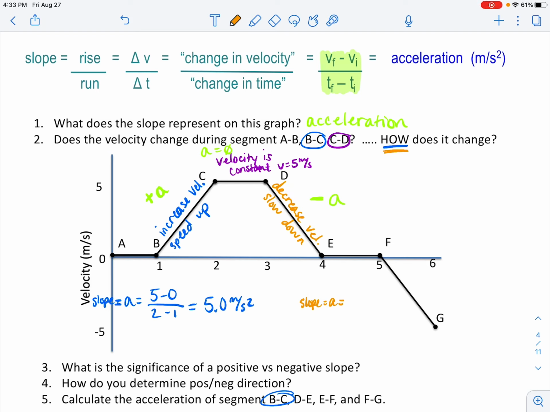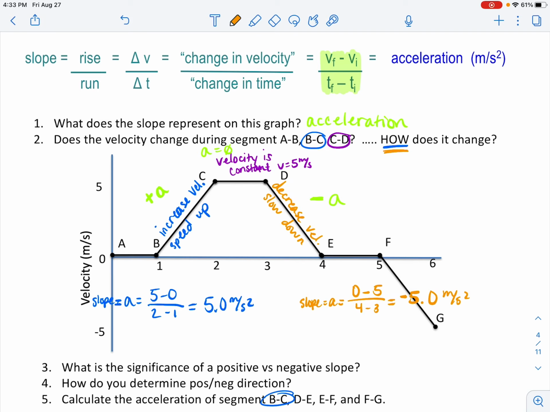So in this case, I'm going to say 0, because my final velocity was 0, minus 5 over 4 minus 3, which gives me a value of negative 5 meters per second squared.